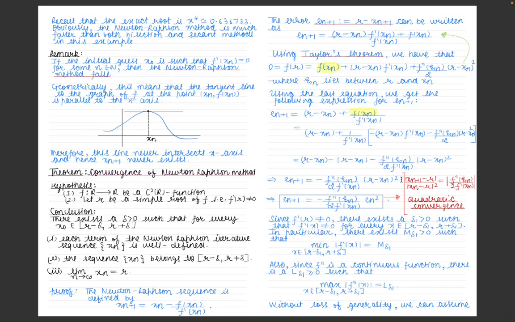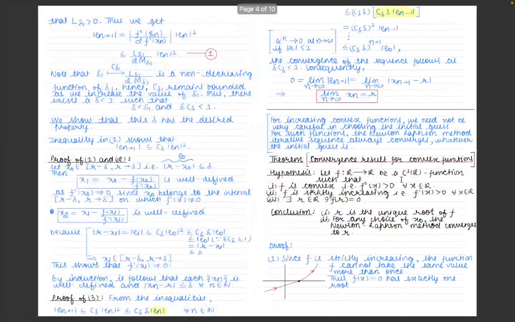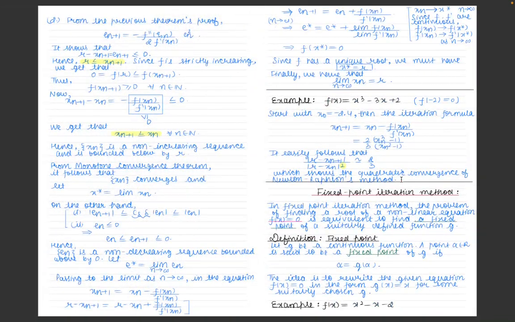Now, if we choose our initial guess to be, let's say, x naught is minus 2.4, its root is minus 2. It is visible, right? Yes, f of minus 2 is 0.